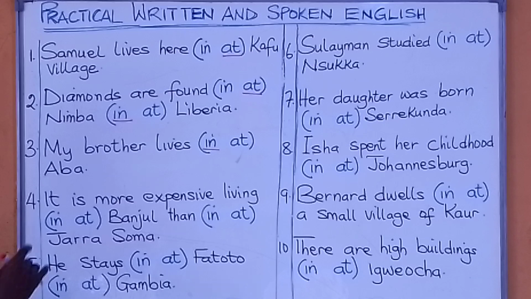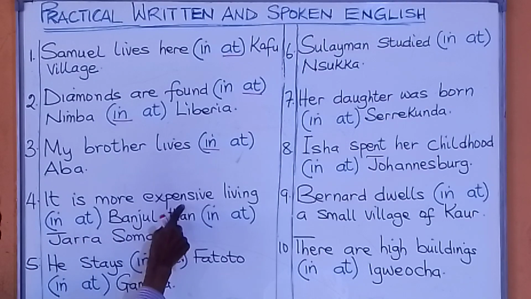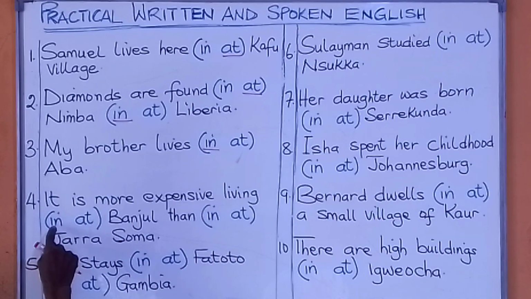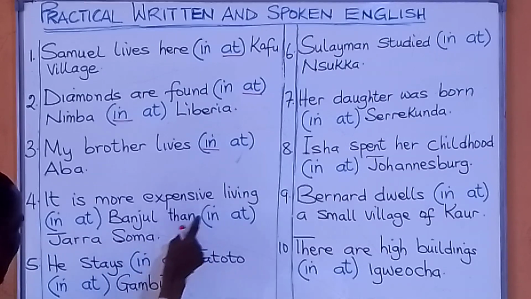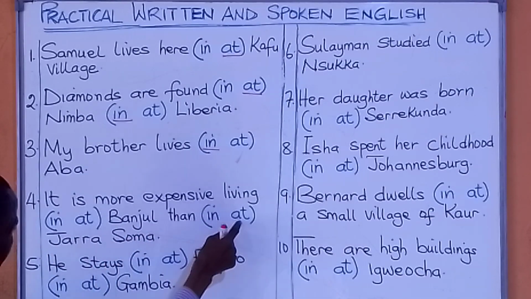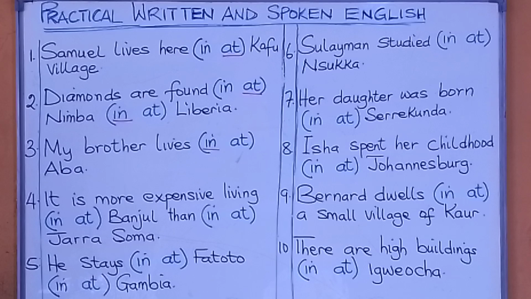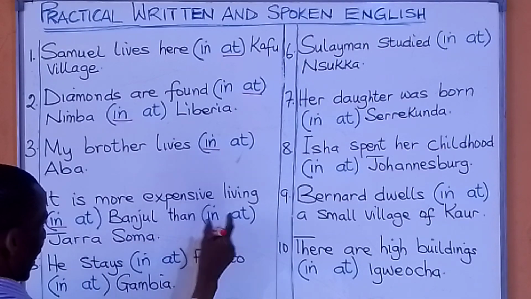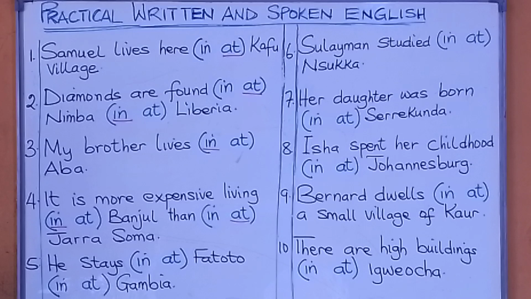Look at number 4. It is more expensive living in Banjul, at Banjul, than in Jarasoma, at Jarasoma. How are we going to put that? It is more expensive living in Banjul, a big city in the Gambia, than at Jarasoma. Look at number 5.